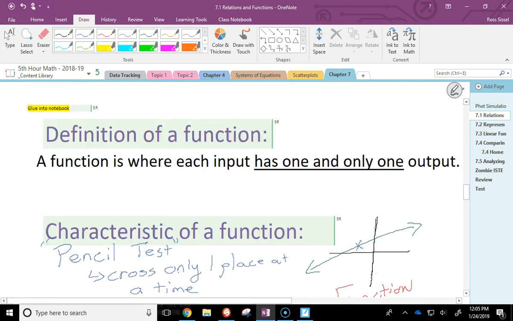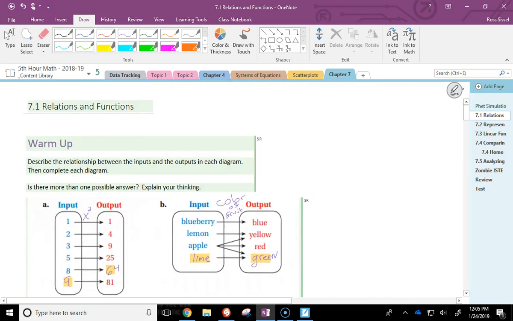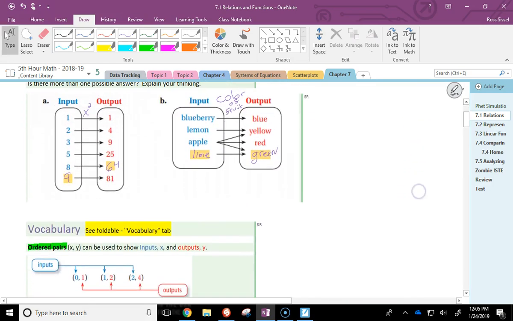So let's go back up to our first example. Let's work through this. Our very first one on A. Would this one be considered a function or not on A? Right here. Yeah. Every input had only one output. So A is a function.